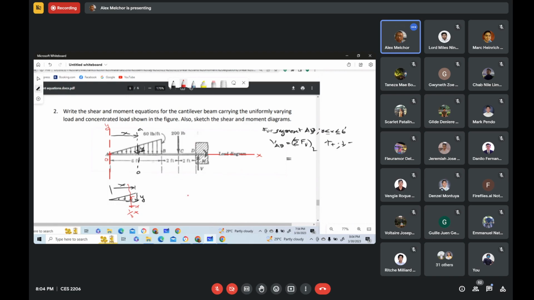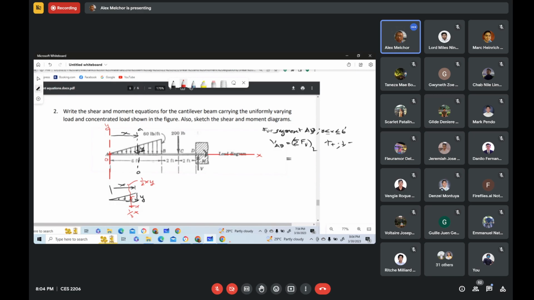Summing up vertical forces considering the left, we have only this one force, and its magnitude is equal to the area of the triangle, so that magnitude is 1/2 times x times y.